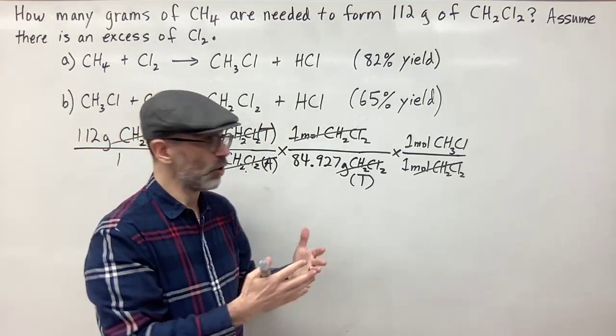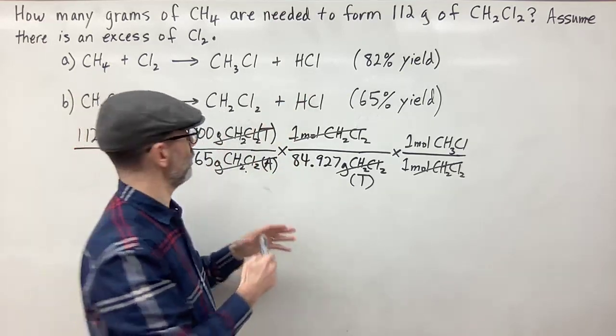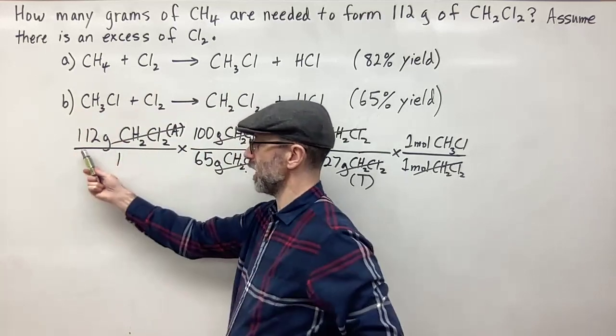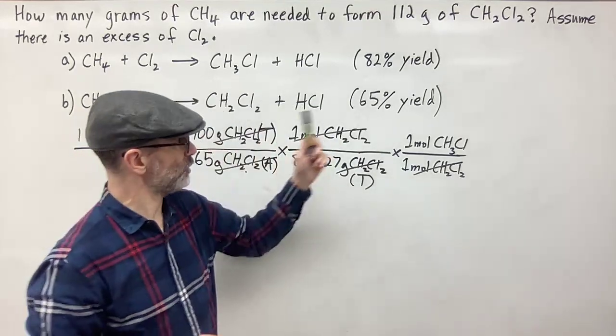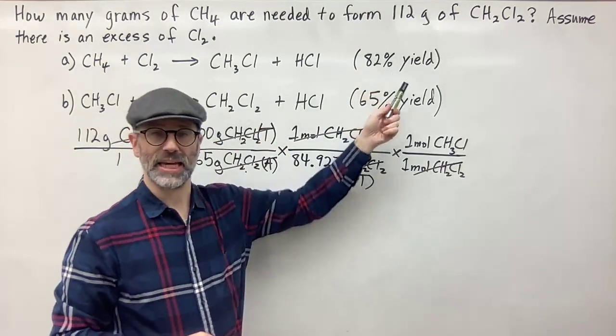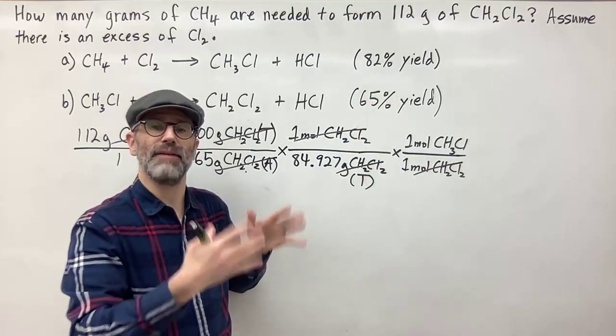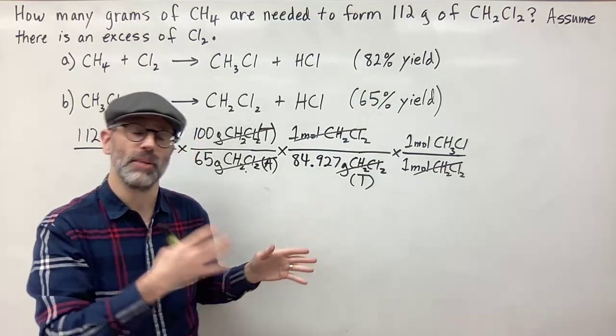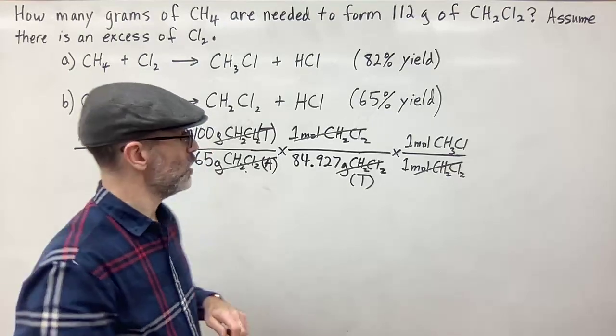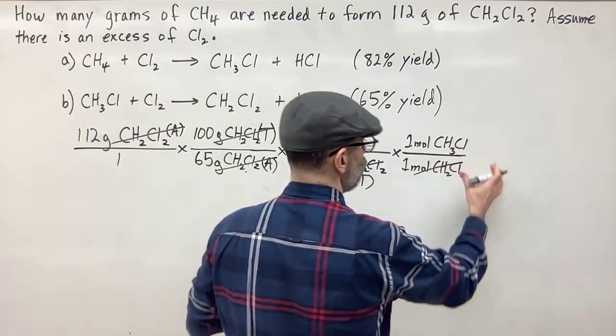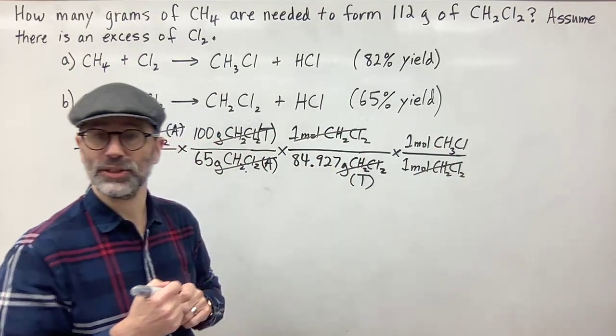So in order to make sure that we end up with 112 grams, we need to factor in this 82%. We have to give back the 12%, or I'm sorry, the 18% we lost. So we can do the percent yield here.